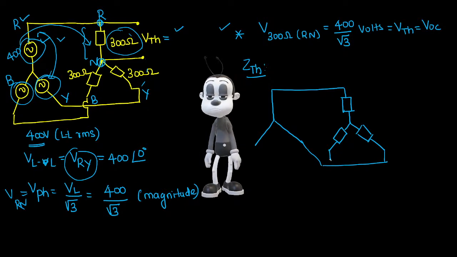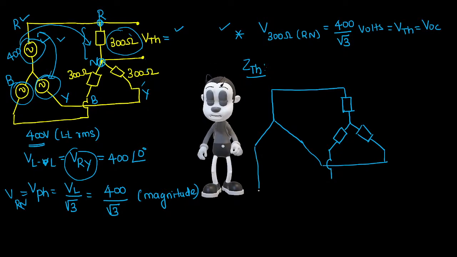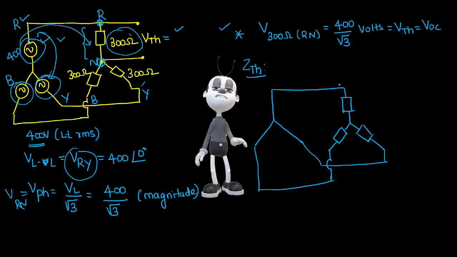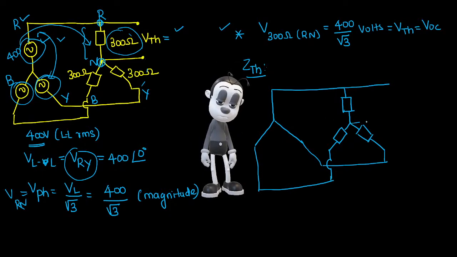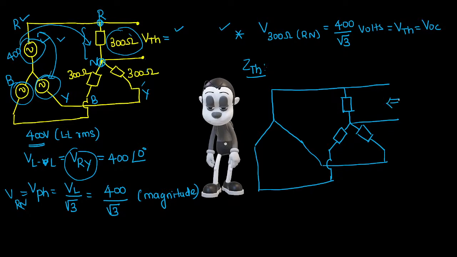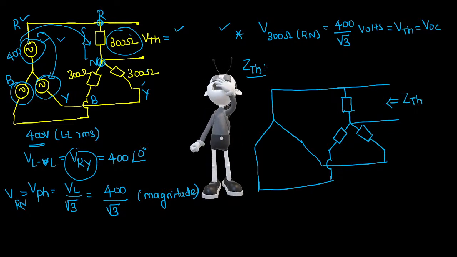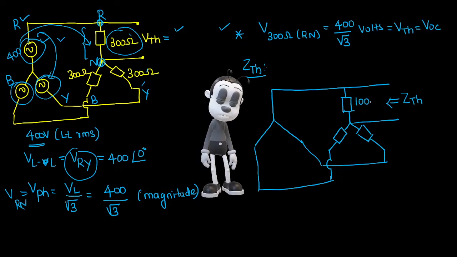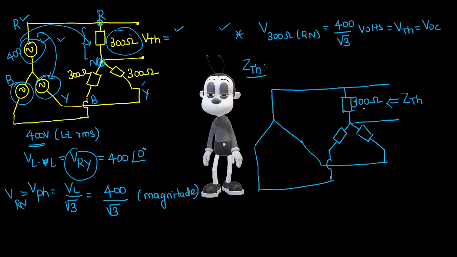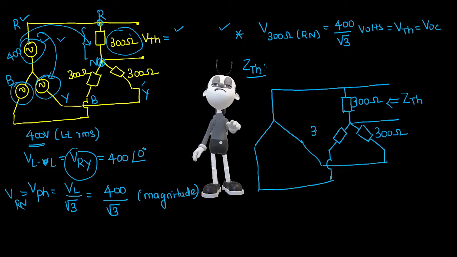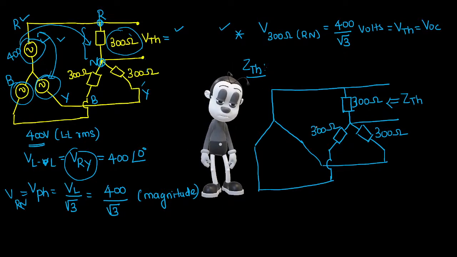This is RYB. Sequence is very important. So it is connected here. This is how our line looks. Anyway, from here only we are going to calculate the value of Thevenin impedance. Now, observe the circuit. This is 300. Carefully observe the circuit. Can you please help me identify the value of Thevenin impedance?